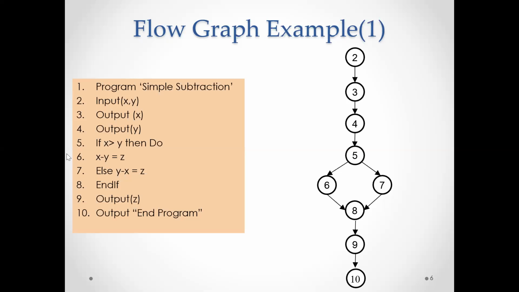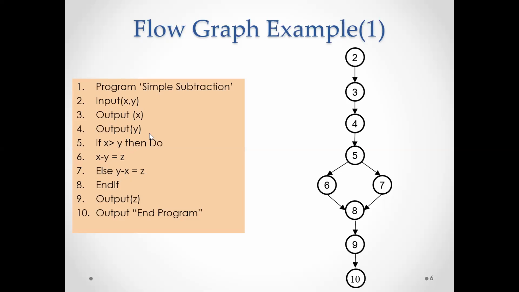Are you getting it? See, the statement that has been made here is, if x is greater than y, x should be subtracted with y. Else that has been given, right?